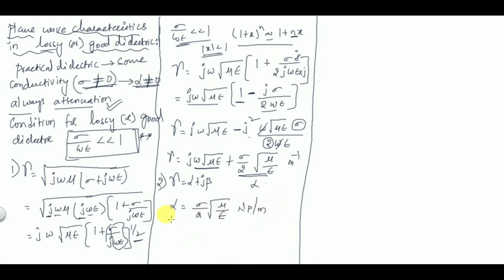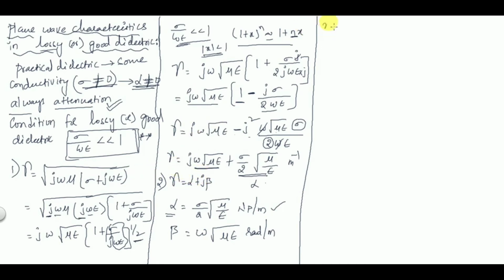If you observe here, alpha is not equal to 0. That is the condition we have taken, so this is the proof. Similarly, beta is equal to omega into root of mu epsilon radians per meter. So these are the values of gamma, alpha and beta.